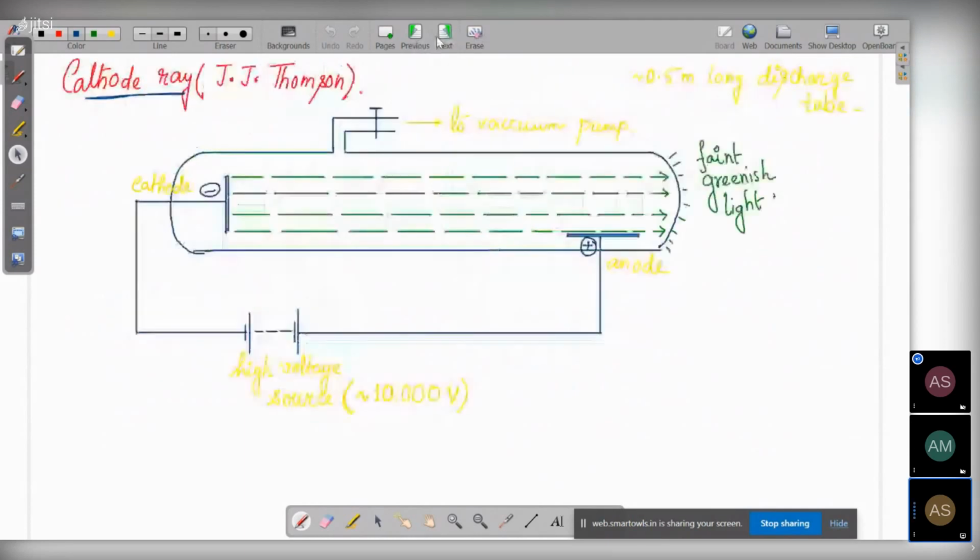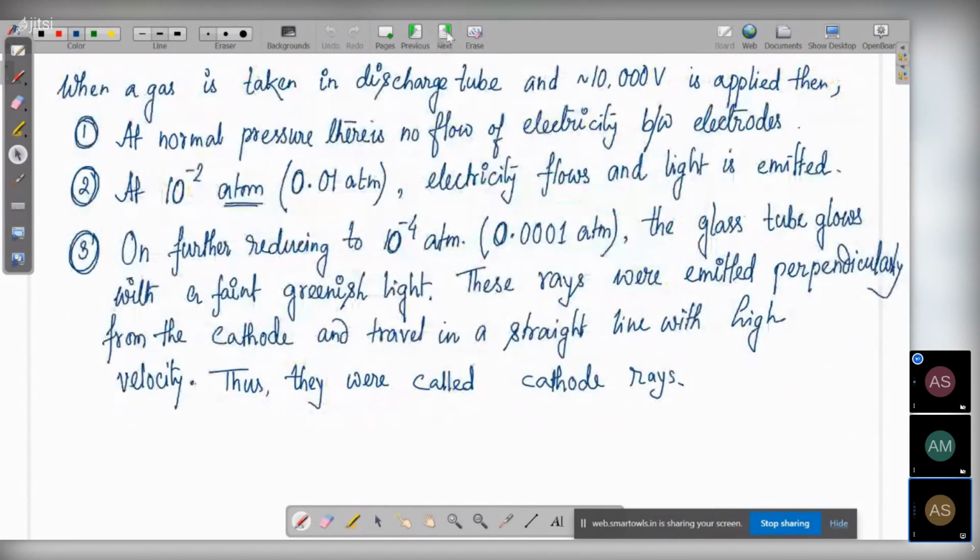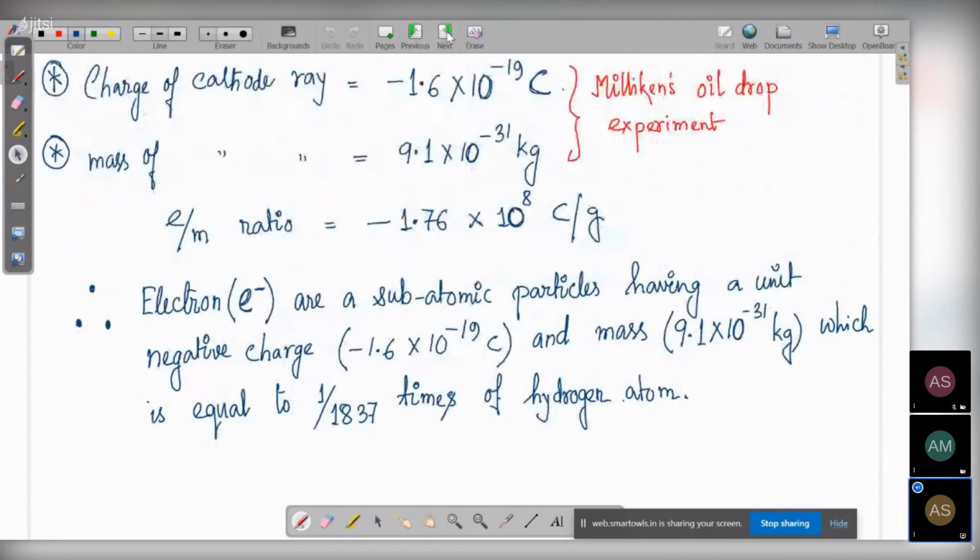Okay. Since we have seen the electron and proton discovery, in the next class, which I think will be tomorrow, we'll be seeing the atomic models. Now that we have electrons and protons, the next thought that should come to the mind of a scientist is: we understand electron and proton are there, but how are they arranged inside an atom?